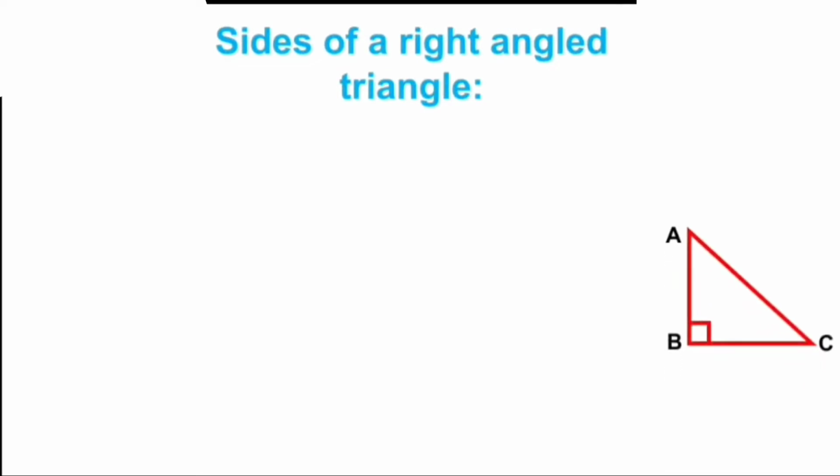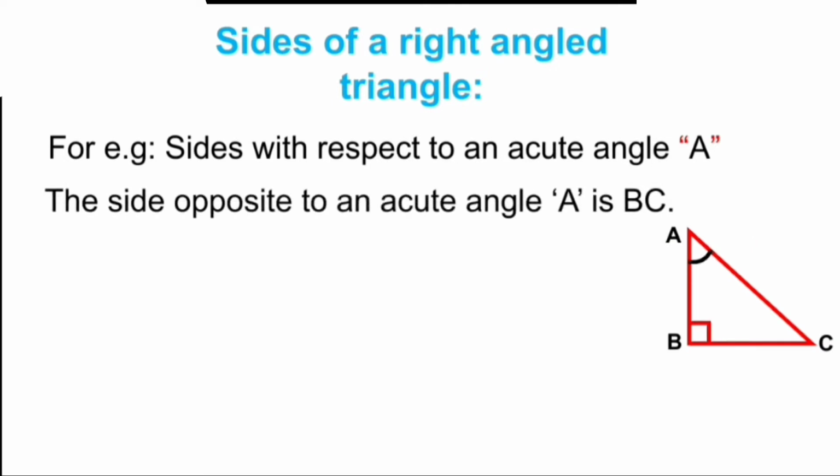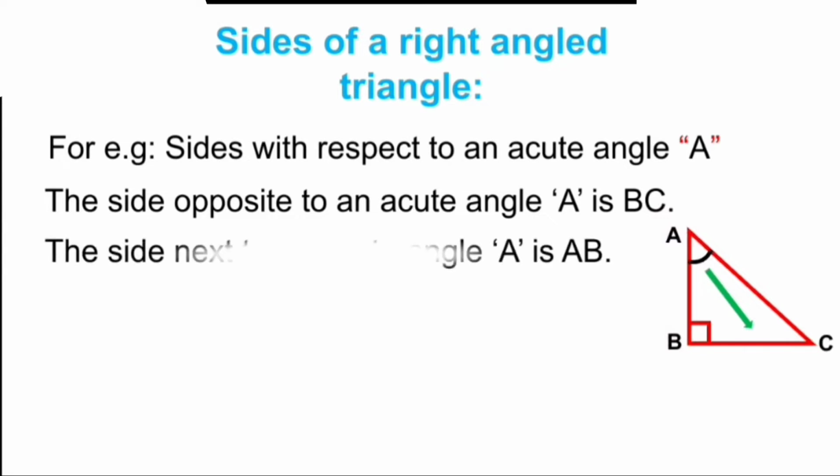Children, for example, let us name the sides of a right angle triangle ABC with respect to an acute angle A. Children, from the figure, the side opposite to the acute angle A is BC. Next, the side next to the acute angle other than the hypotenuse is AB.